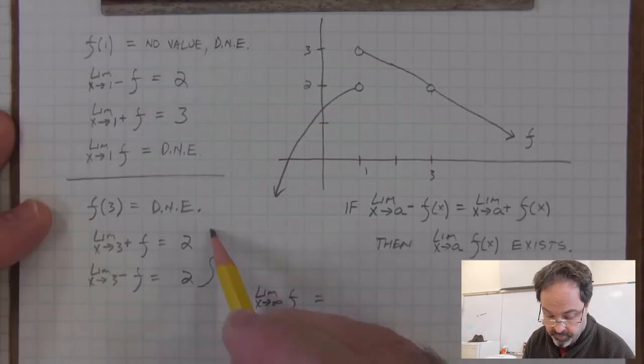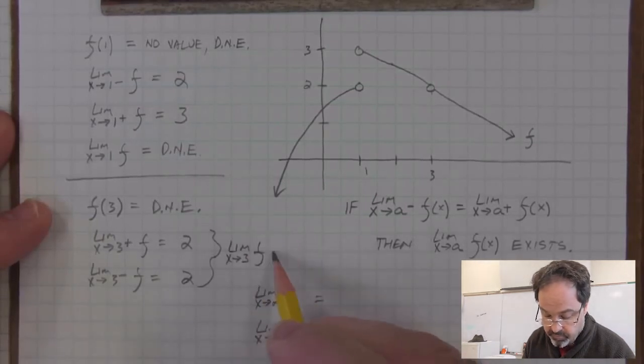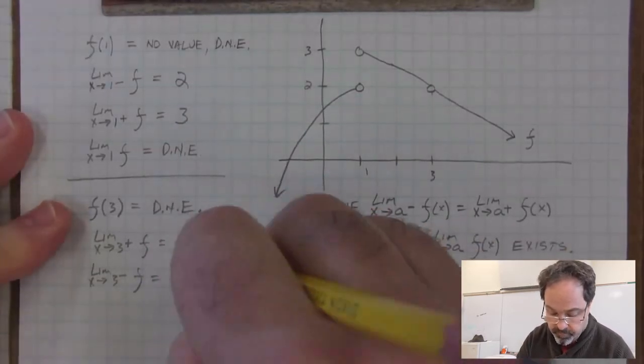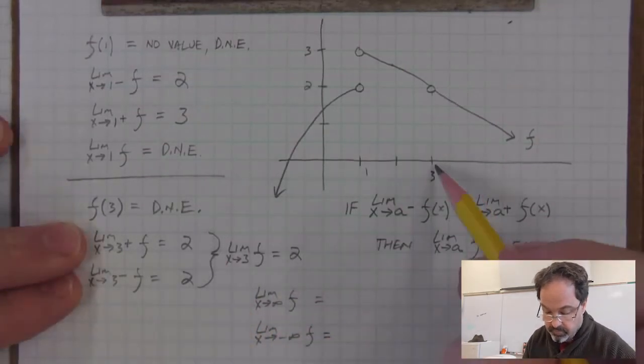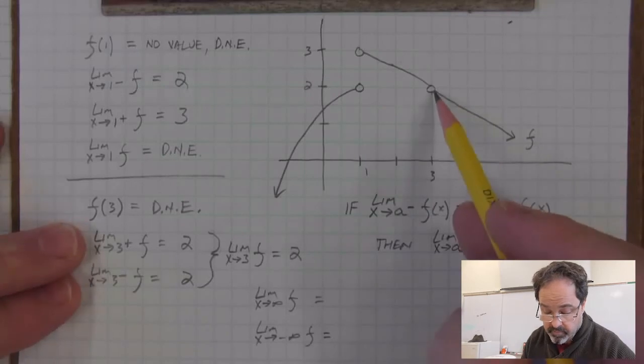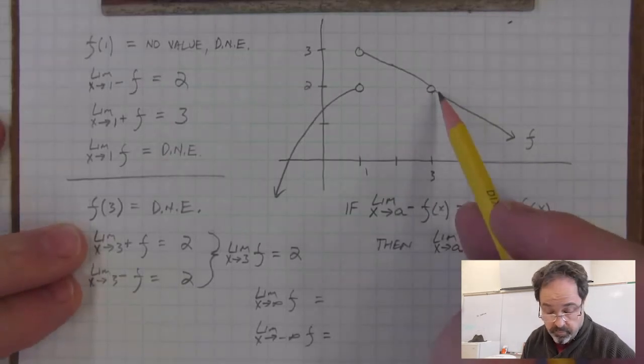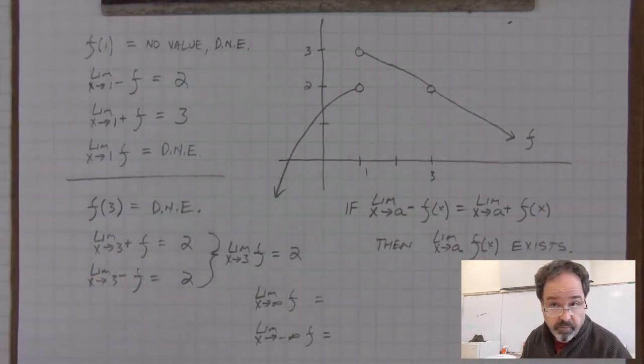So we can say that the limit as x approaches 3 of this function exists and is also equal to the one-sided limits. So in this case, the function has left and right limits and an absolute limit, and they're all equal to 2, but there is no value of the function at 3. Limit statements are different than value statements.